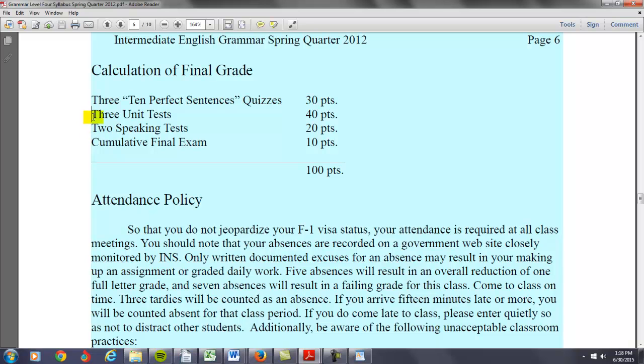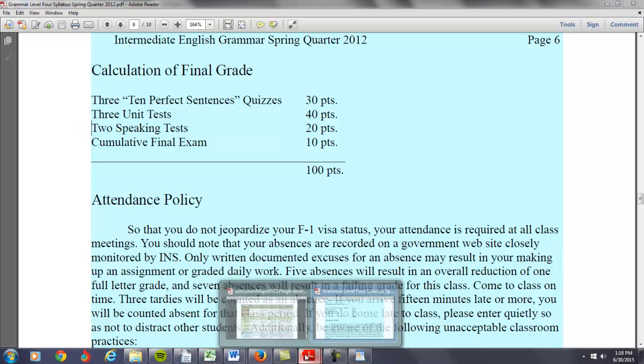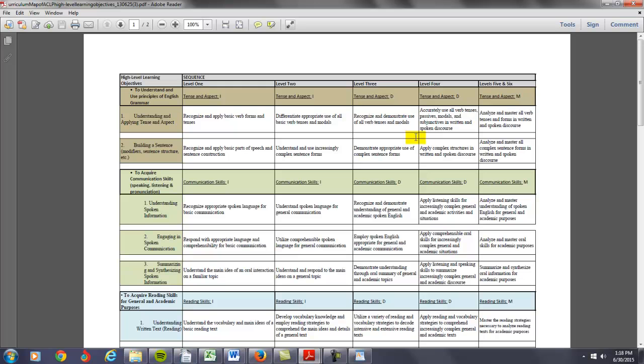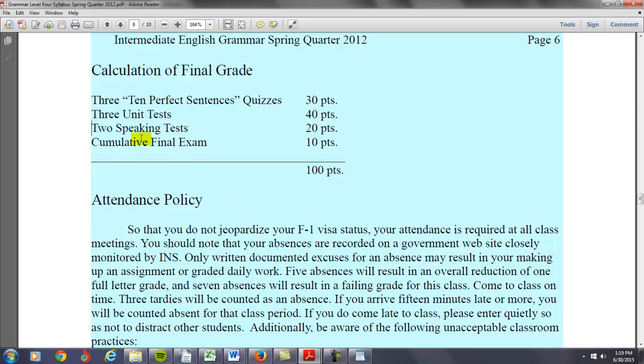So that was 40 points. But then I also had 2 speaking tests, 10 points apiece. Because if you look at the curriculum here, it says apply complex structures in written and spoken discourse. So in order to test the spoken language, I would have them respond to a speaking practice test during class so I could evaluate that.